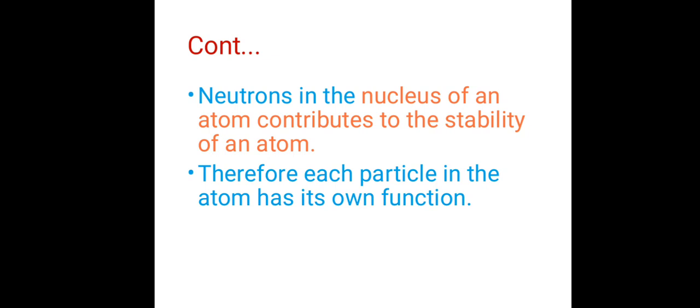The number of neutrons in an element may or may not be equal to the number of protons. We shall come and see that when we are dealing with the term isotope, where we have elements or atoms with different neutrons as compared to protons.